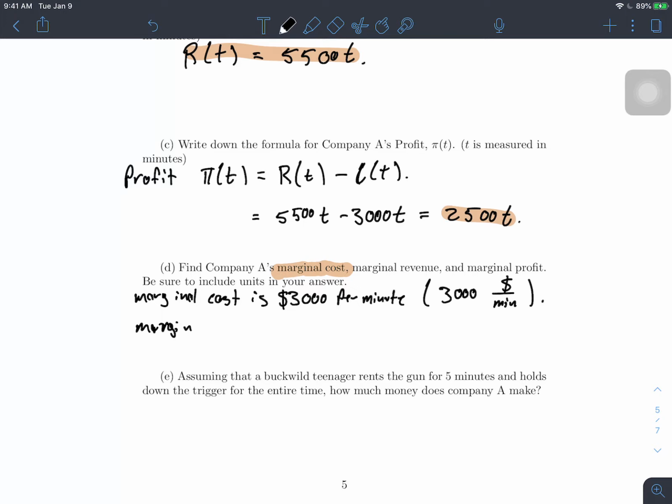Marginal revenue is $5,500 per minute. Marginal profit is $2,500 per minute.